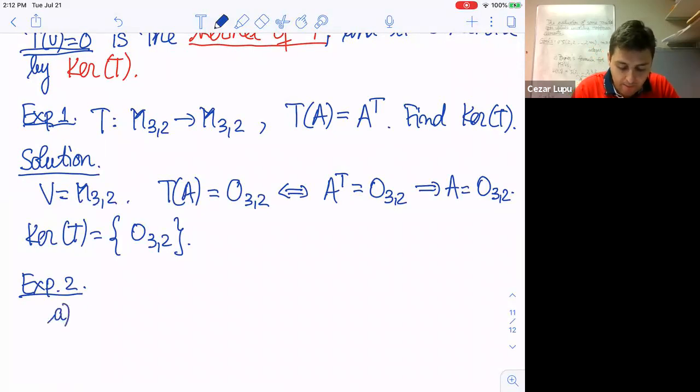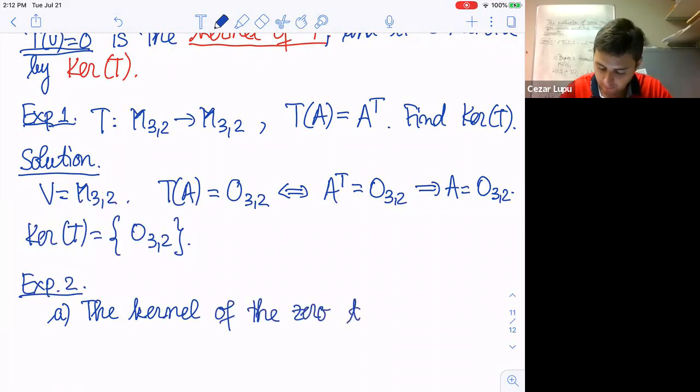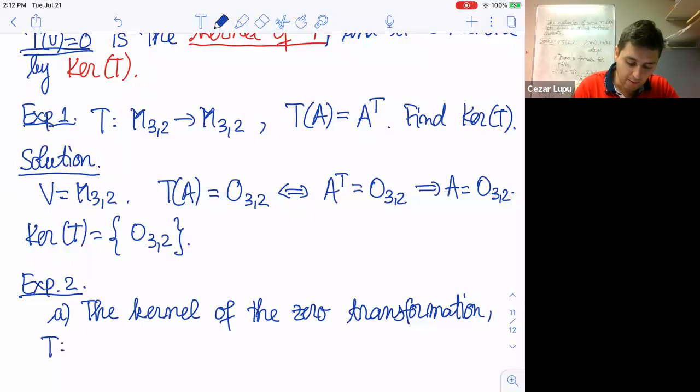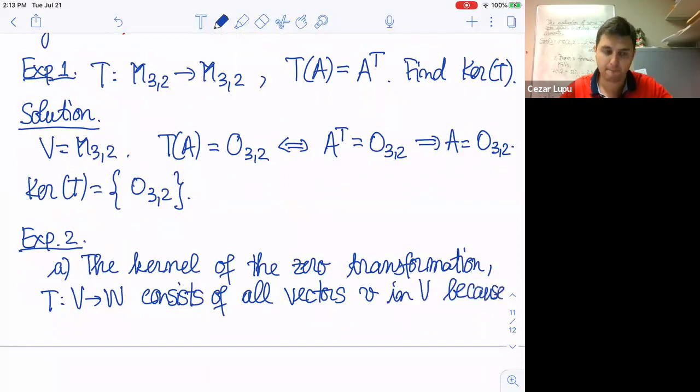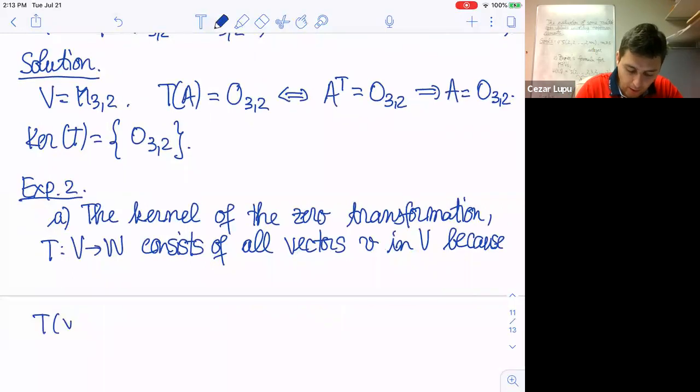Let's see, the kernel of the 0 transformation, let's say T from V to W, consists of all vectors V in V, because T of V is always 0, right?